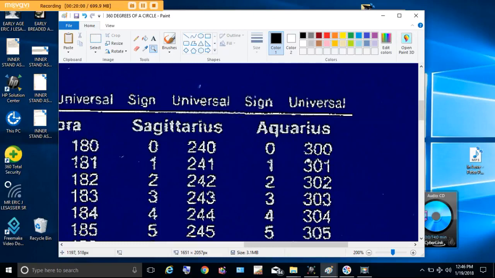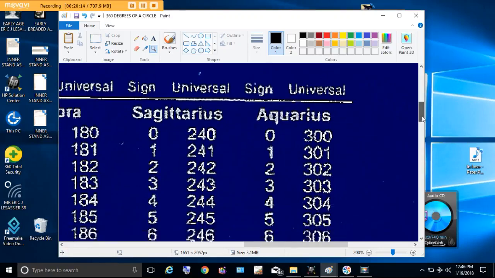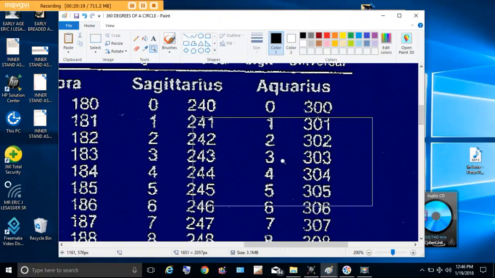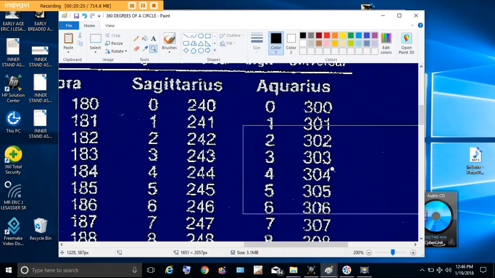Okay, if they're born at 1 degree of the Aquarian sun, as it transits through 1 degree for that month, then the value equals 301. And the 3rd degree of the sun transiting through 3 degrees for that month equals 303.